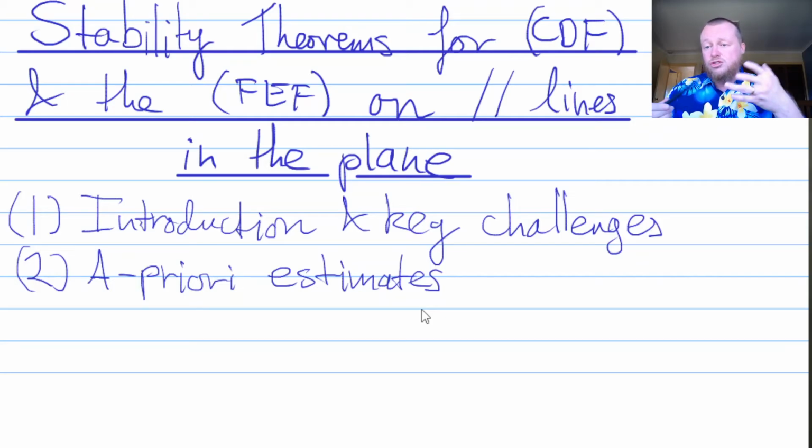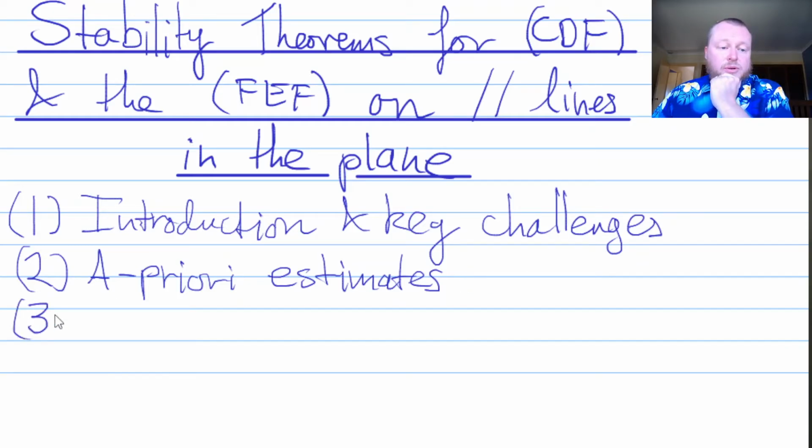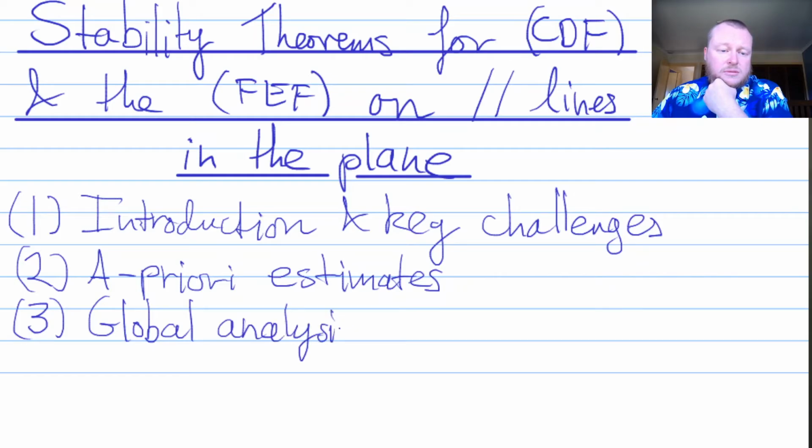So things that we can control for free, so to speak. And I'll try to do these in general, but some of them will be under a curvature condition. I'll explain what that is in a minute. And that's the focus of the third section, which is what we call global analysis under a curvature condition.